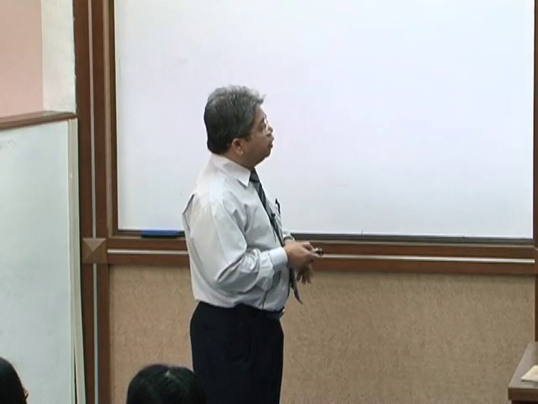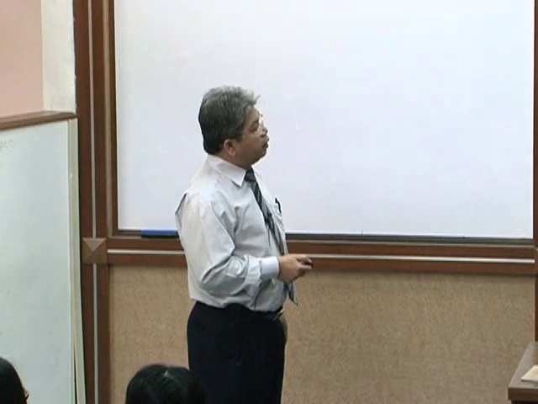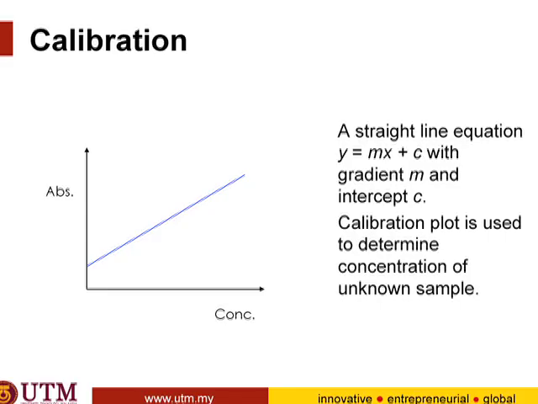For example, in the first one, the equation that we must save is y equals mx plus c. The two parameters that we need to save the equation are just the m and the c values that we obtain from the standard solutions.